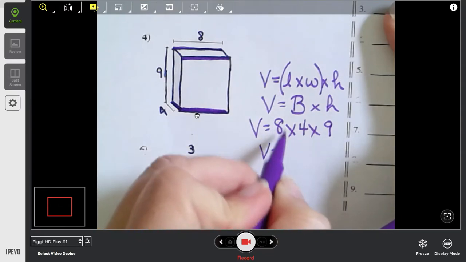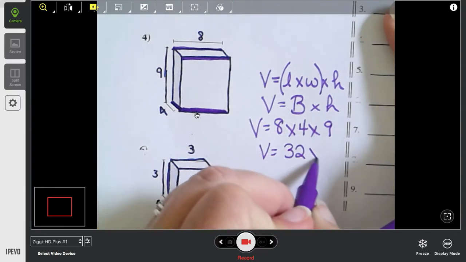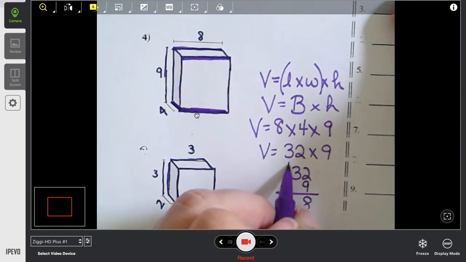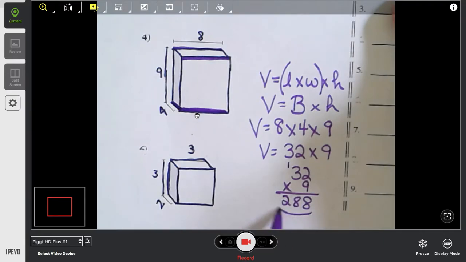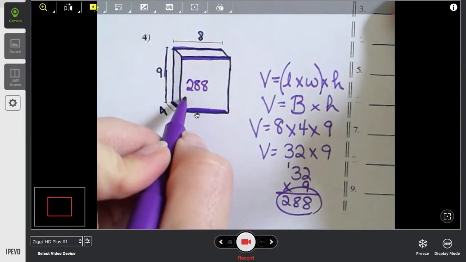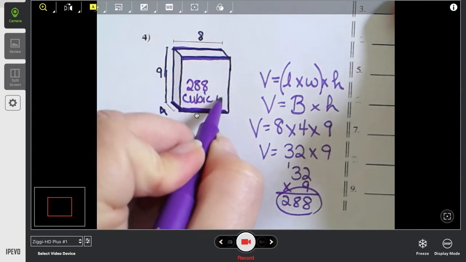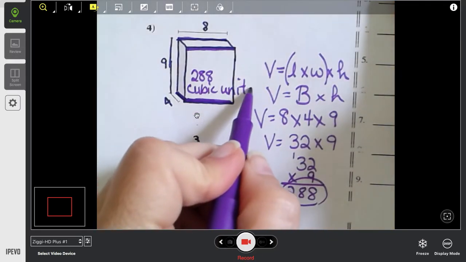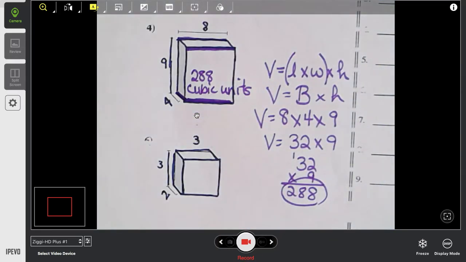Then I just need to multiply. 8 times 4 is 32 times 9. That's not in my head, so I'm going to do that down here. 32 times 9. 18, 28. So the volume for this is 288 cubic units. Remember, they're cubic because they're those little tiny cubes that we put on the inside. Cubic units.